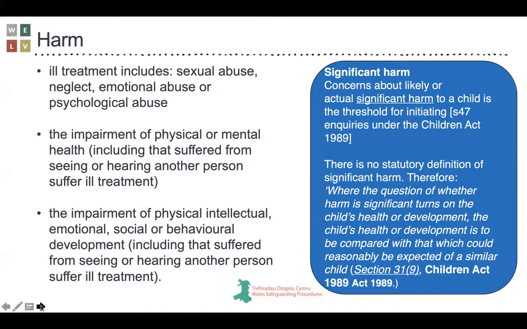There is actually no statutory definition of significant harm. Therefore, it is important to note that where the question of whether harm is significant turns on the child's health or development, the child's health or development is to be compared with that which could reasonably be expected of a similar child.